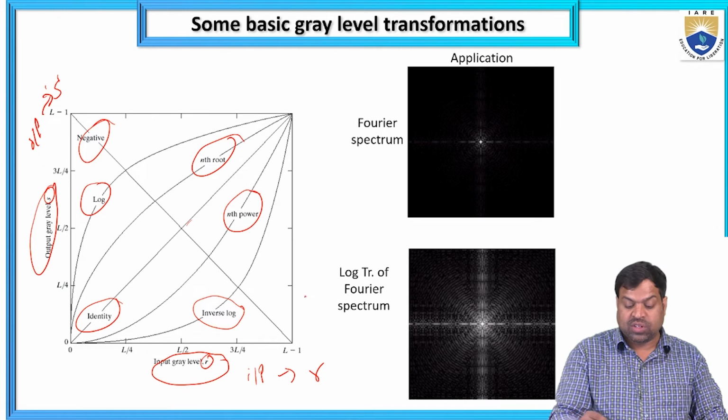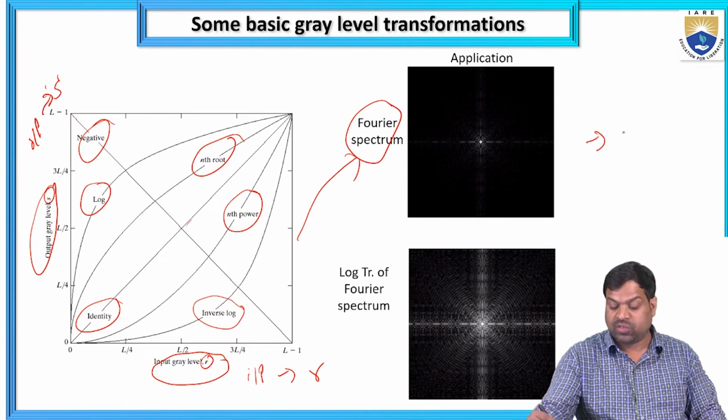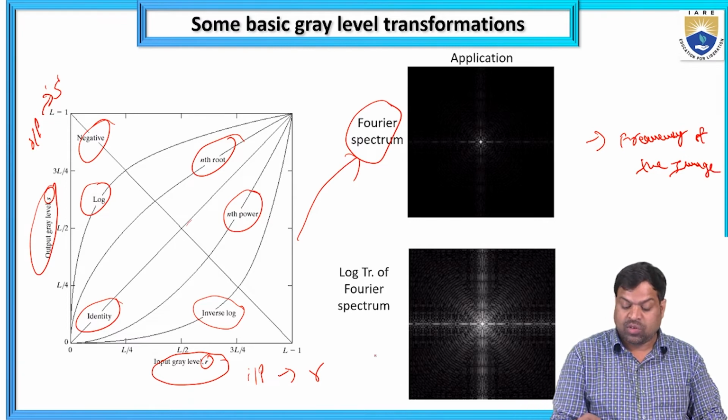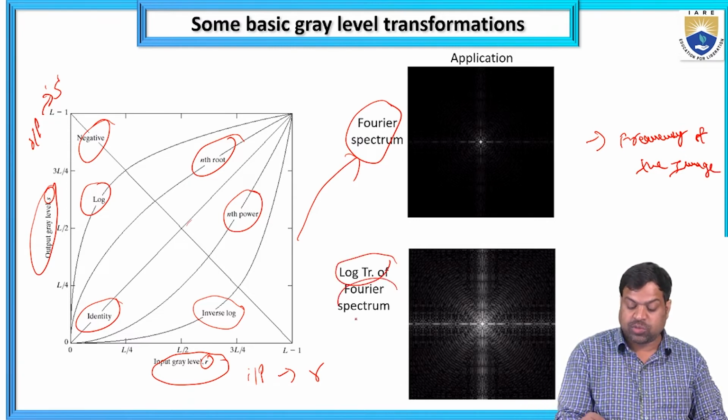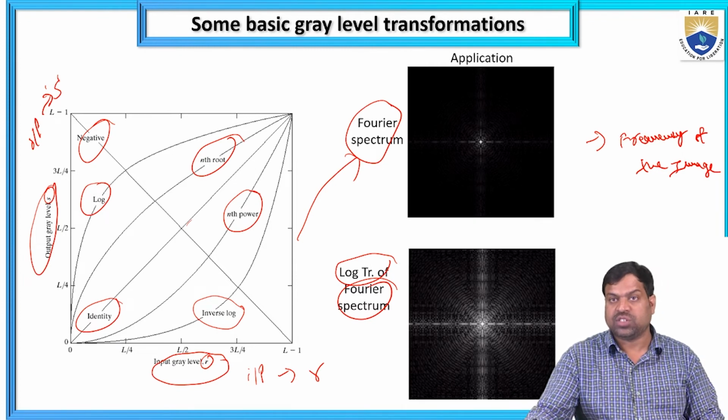Okay. So when I apply the frequency, I want to find the frequency of the image. Then it is the Fourier spectrum. It is a logarithmic transformation of the Fourier transform. Okay. We are converting to the original image.